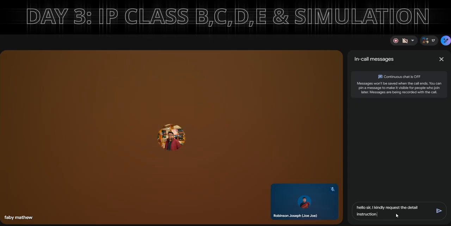If you guys don't have any issue creating the virtual machine or the virtual box, fine. If you have an issue, then the students who have an issue should download the VirtualBox application as well as the Kali Linux image from the kali.org site, and tomorrow I will show you how to create the virtual machine with the help of VirtualBox.